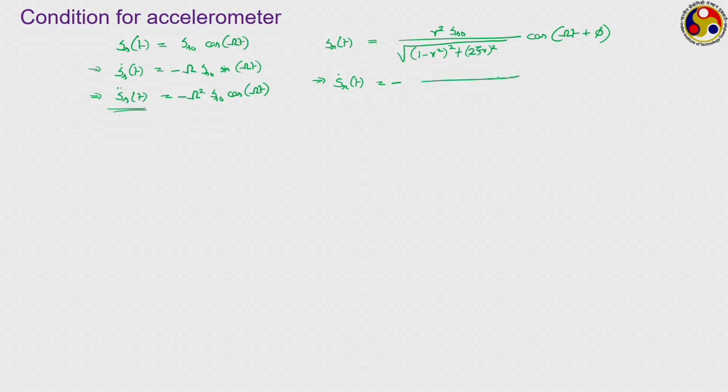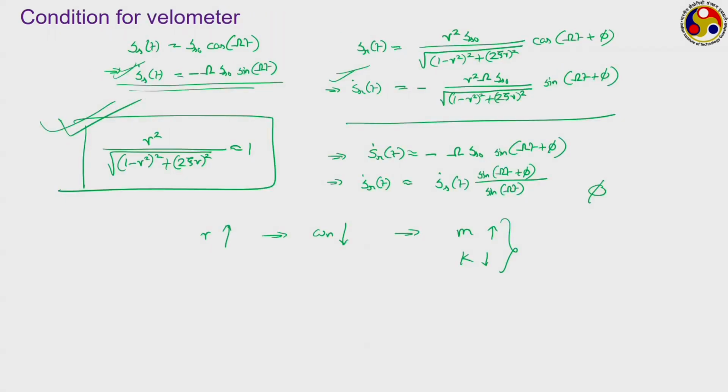So, this will become minus r square omega S_S0 root over (1 minus r square) whole square plus (2 zeta r) whole square into sin of omega t plus phi. This is the form that we have used in the previous slide.